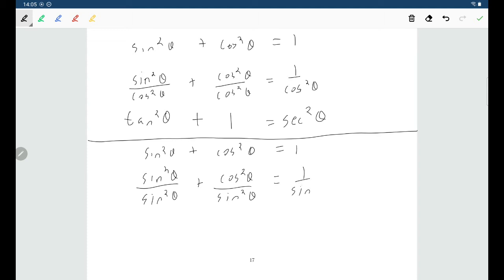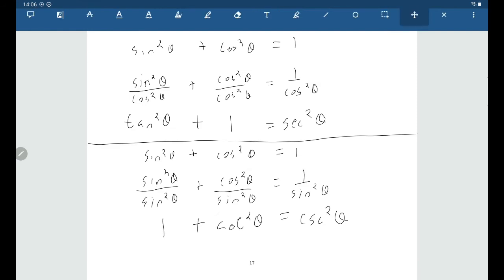And so what we have is 1 over sine squared theta on the right side. 1 over sine, that's cosecant of theta, so 1 over sine squared theta would be cosecant squared theta. On the left side, sine squared over sine squared would be 1. Cosine over sine, that's the cotangent function, so cosine squared over sine squared would be cotangent squared theta. And so there we go. We have our 3 trig identities.